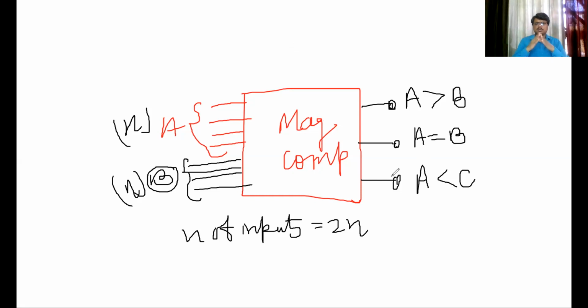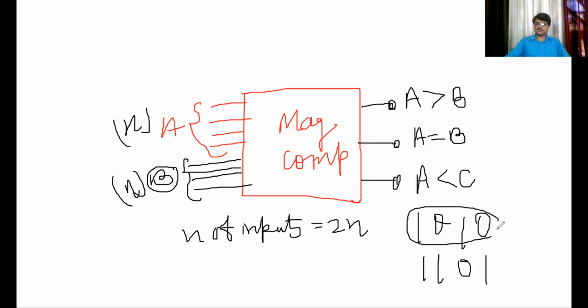Let us suppose there are two 4-bit numbers, 1010 and 1101, and it will tell which number is larger. Let us suppose this is one and this is another.